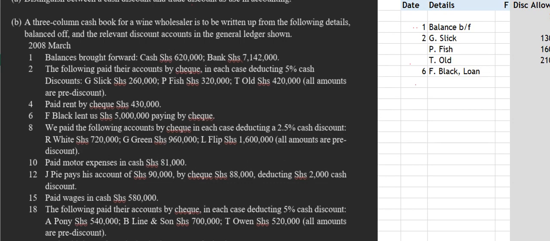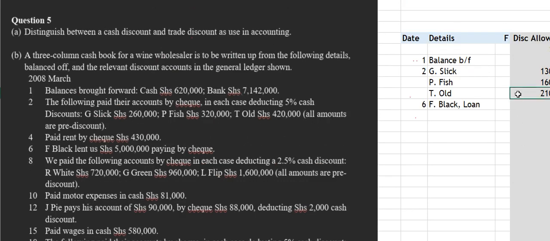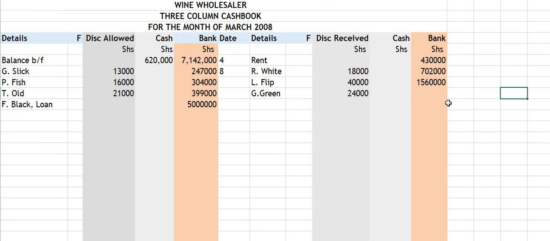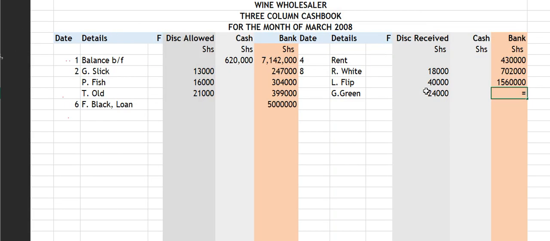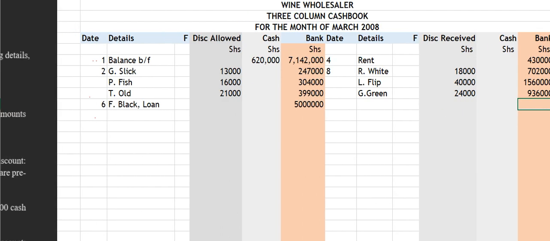Then Gig Green, that is 960,000, but we end up receiving a discount of 24,000, so we paid 936,000 to Gig Green. Then what next?